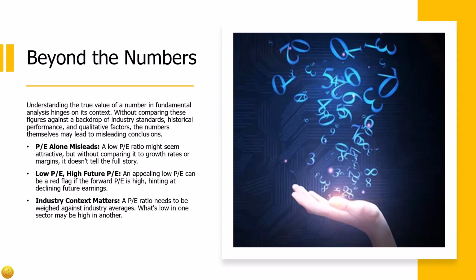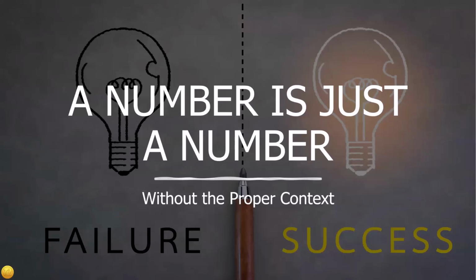If I just look at a PE ratio and don't compare it to other PE ratios within that industry, I am not getting the correct story told to me. We have to look beyond the number because a number is just a number without the proper context.